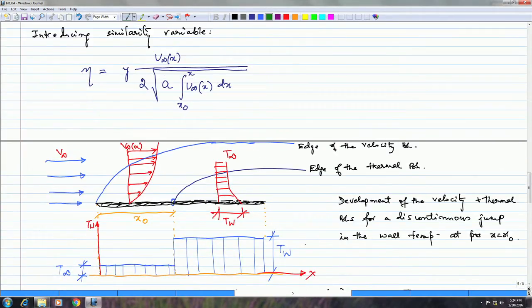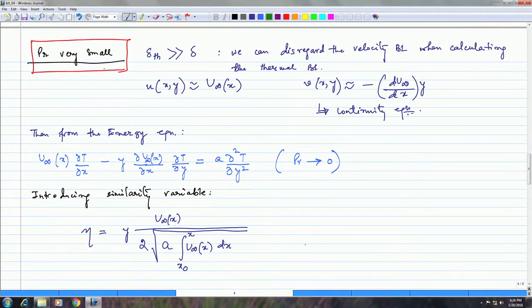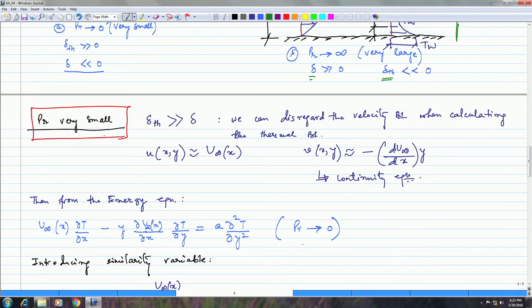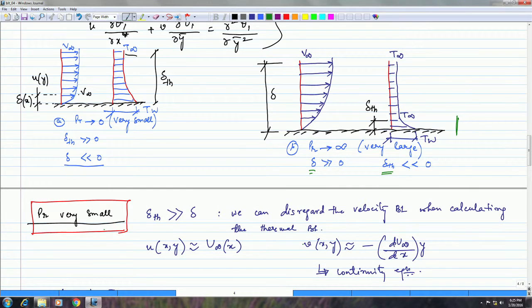So that's that. Now the next thing to do is to look at the two limiting cases. We discussed when the Prandtl number is very small, where the thermal boundary layer is much larger compared to the velocity boundary layer thickness.